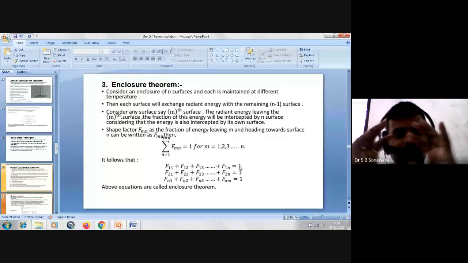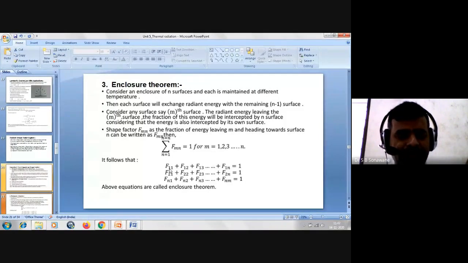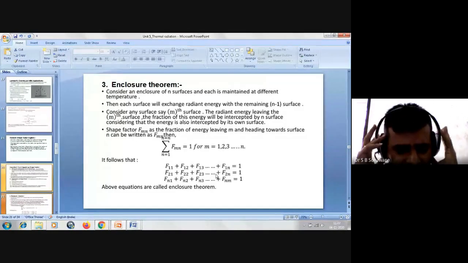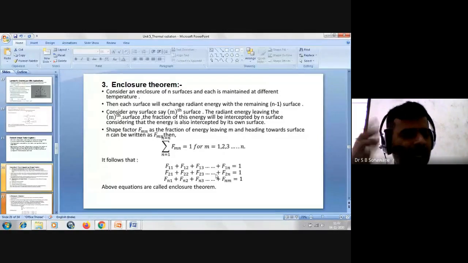See, if you have n number of surfaces in the enclosure, an energy exchange takes place. This equation I have written for surface 1 with respect to the remaining surfaces, and this I have written for surface 2 with respect to the other surfaces. Now what happens within that enclosure? There is a direct interception of this energy.